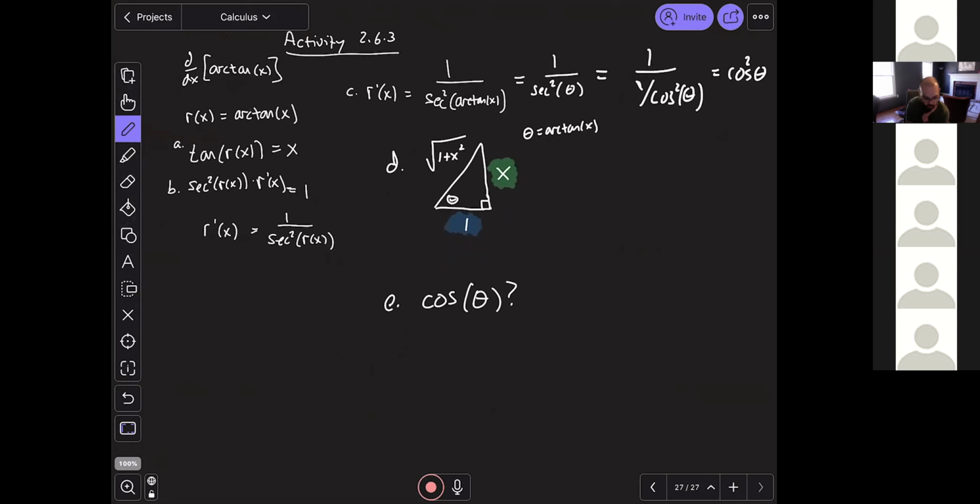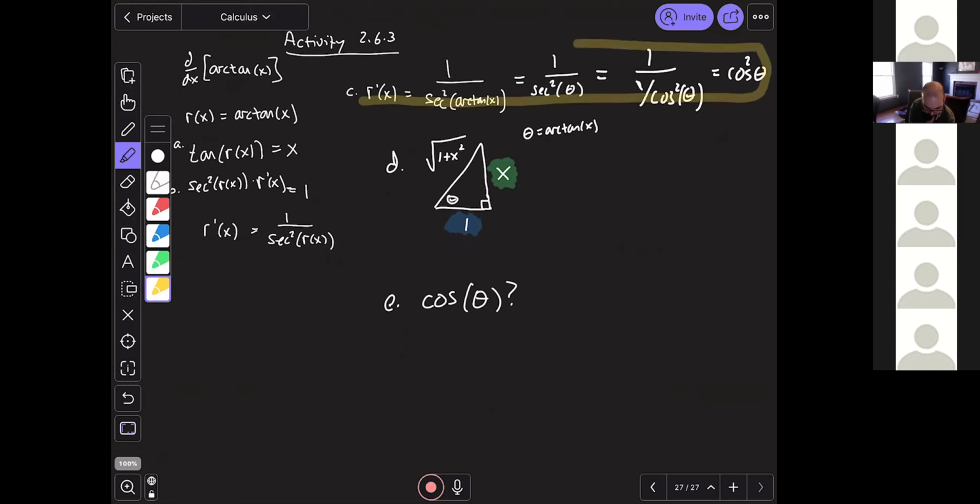All right, so again, we're tracking the derivative that we want up here in yellow, and it turns out that if I can just figure out what cosine of theta is, then cosine squared theta is what I want. So we got rid of secant, and we have a suggestion: cosine is 1 over the square root of x squared plus 1.